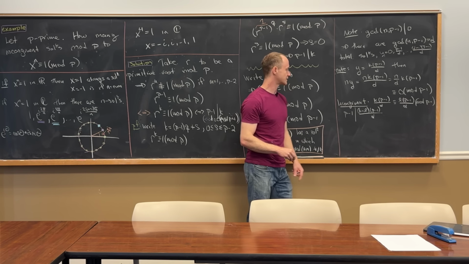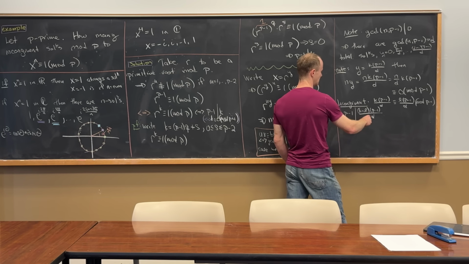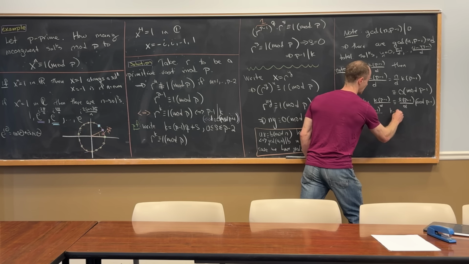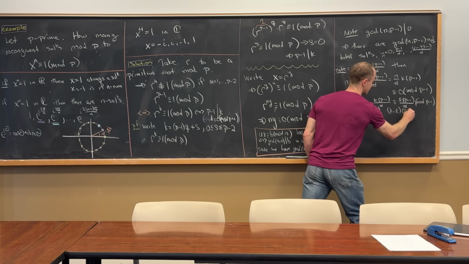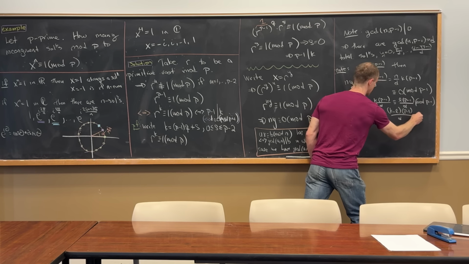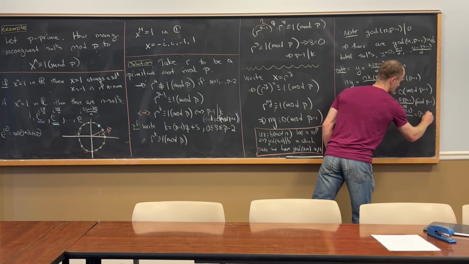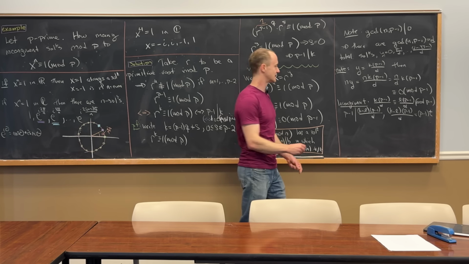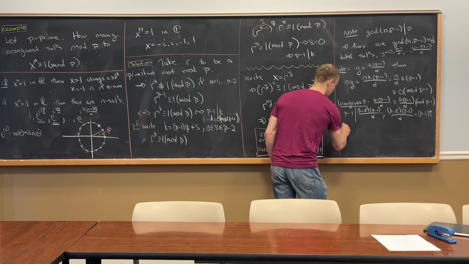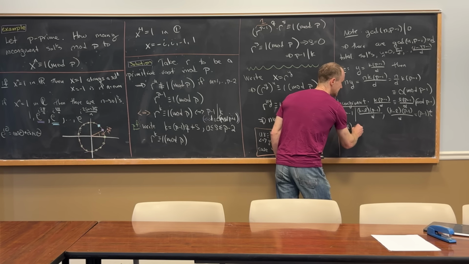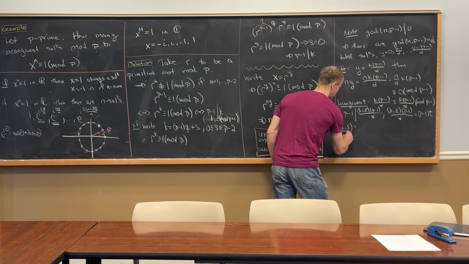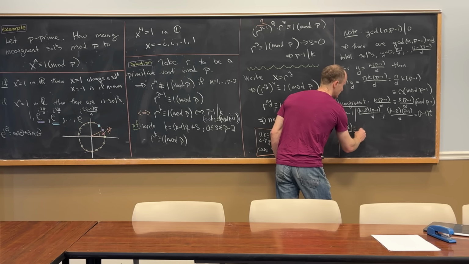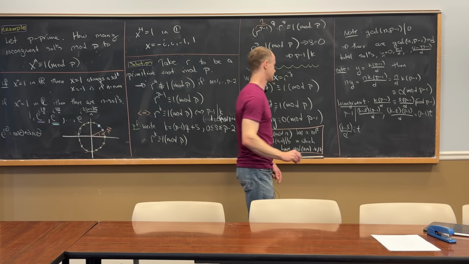So that means p minus 1 has to divide k minus L. This is equivalent to k minus L times p minus 1 over D equals p minus 1 times t, for instance. Now you can just cancel p minus 1 on both sides, and we're left with k minus L over D equals t.